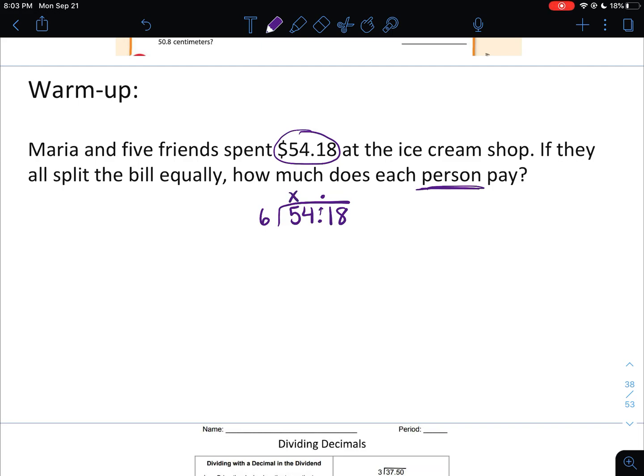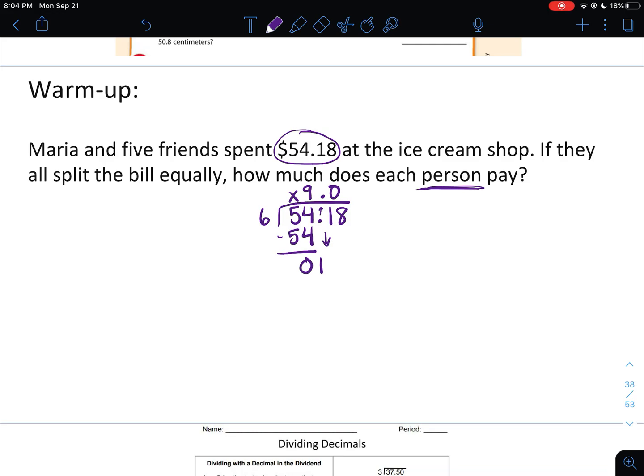So does 6 go into 5? It does not. Does 6 go into 54? 6 goes into 54 9 times, because 9 times 6 is 54. Subtract. You get 0. Bring down the 1. So does 6 go into 1? It does not go into 1. So I would say that it goes in 0 times.